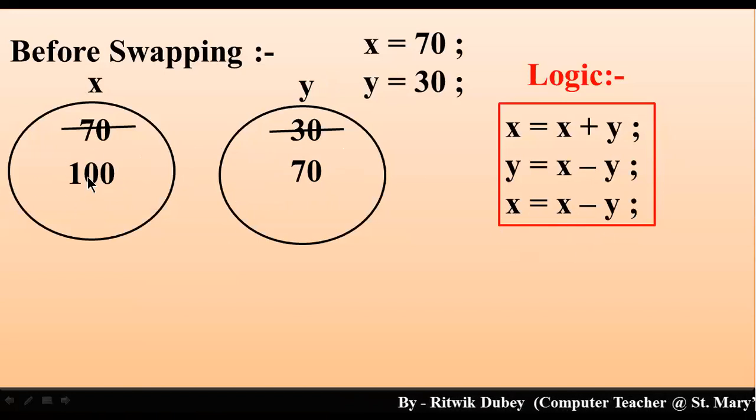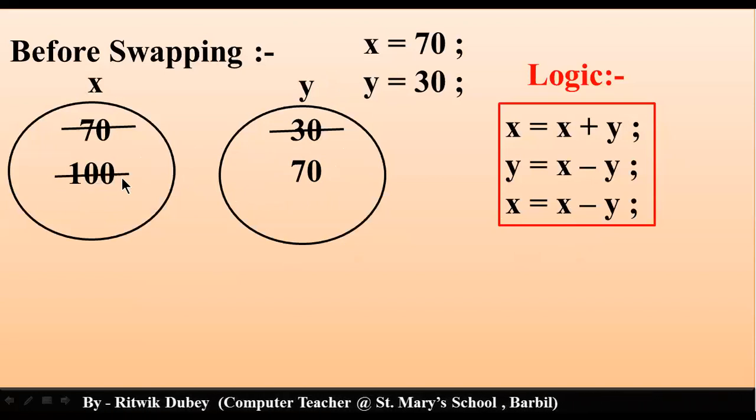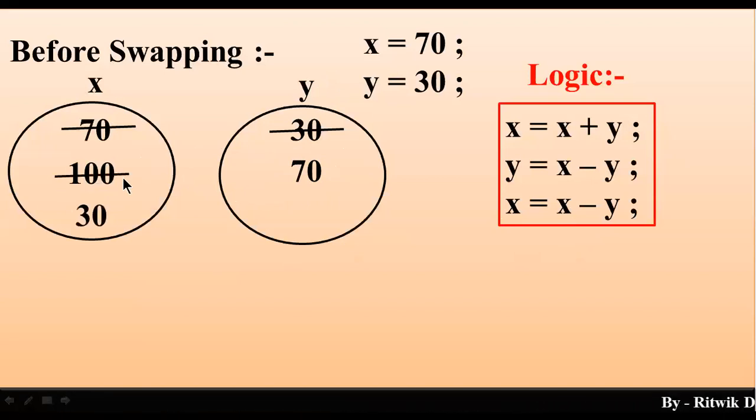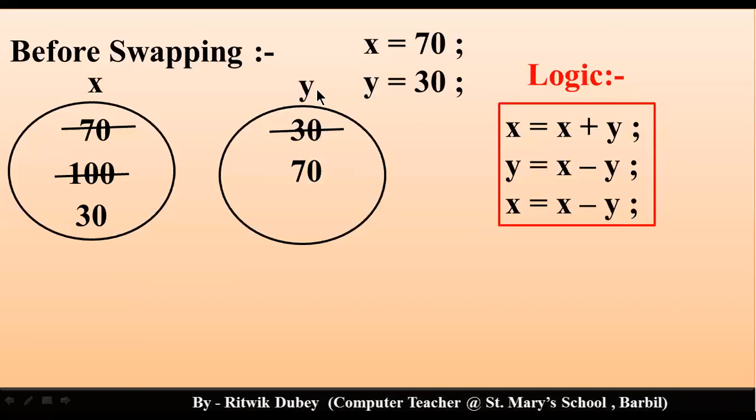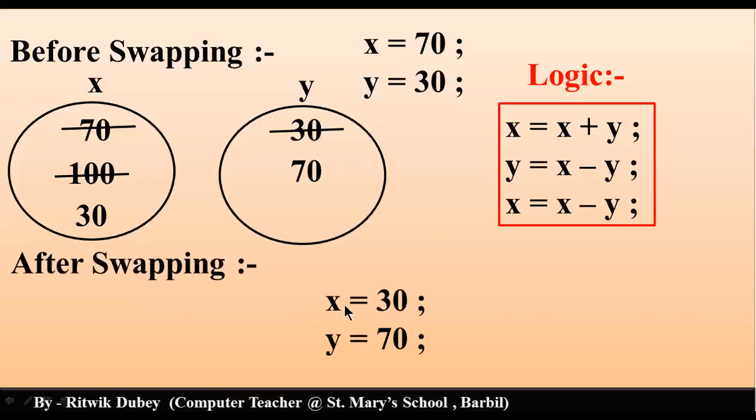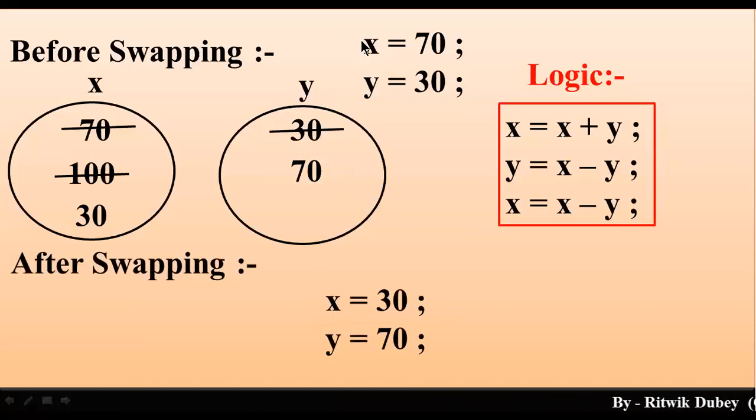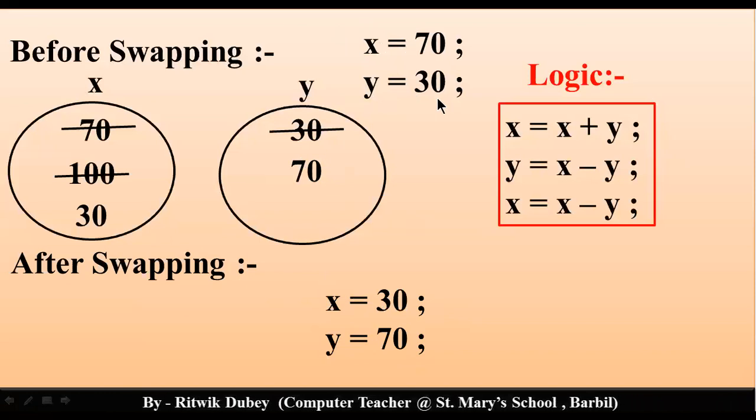In variable X. So 100 minus 70 is 30. 30 will take the place of 100. So finally, ultimately, we have value 30 in variable X and value 70 in variable Y. After swapping, we are getting X is equal to 30. Initially, it was X is equal to 70. After swapping, we are getting Y is equal to 70. Initially, it was Y is equal to 30.